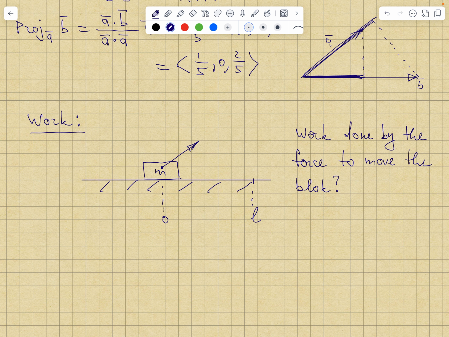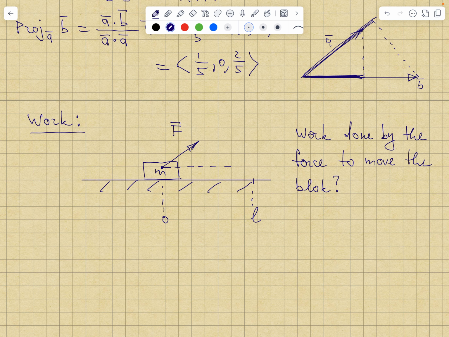All right, so I hope that you remember. So this is a force F. Of course, force is an object which has both magnitude and direction, so we can represent it by a vector.